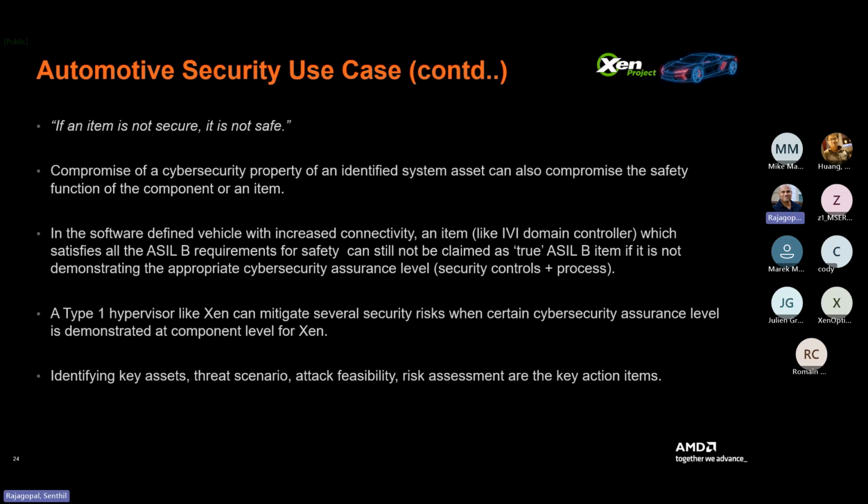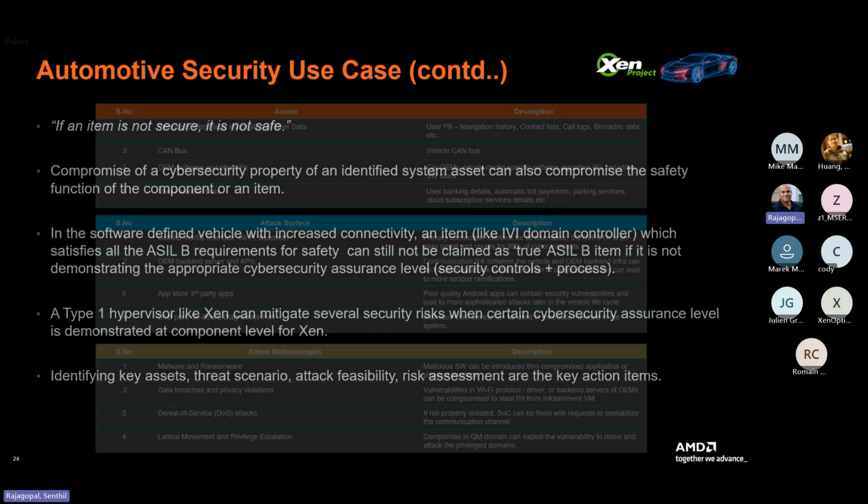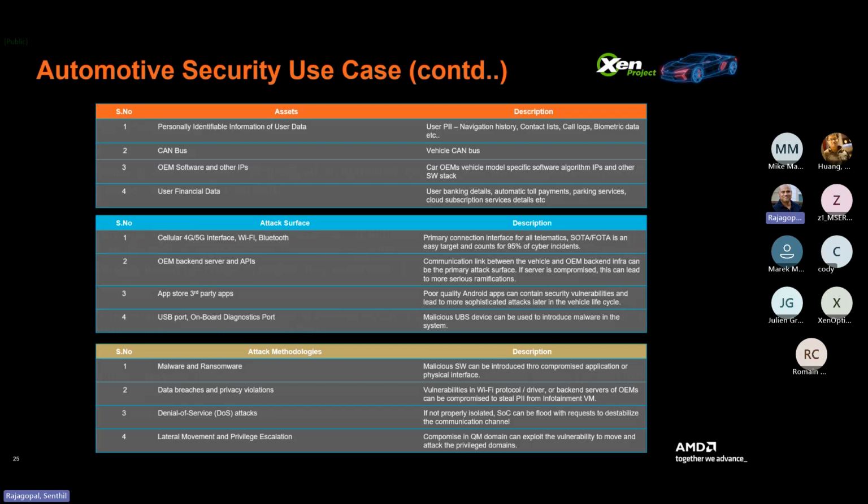There is a standard called road vehicle cybersecurity engineering. These are all possible automotive security use cases. We need to protect assets like PII, personally identifiable information of user data, CAN bus, where there are CAN injection attacks, and OEM software.